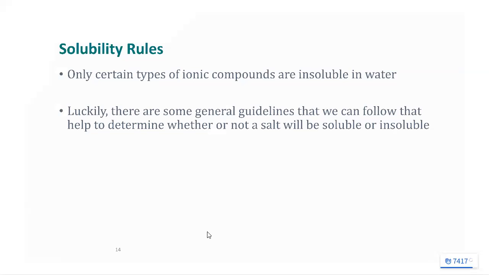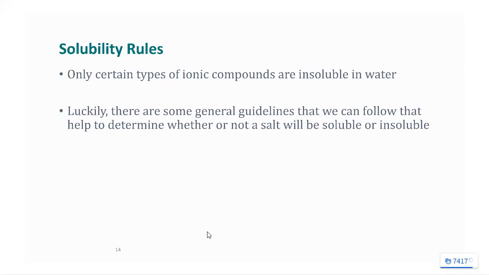What about ionic compounds, though? We've kind of talked about them as this blanket statement. Well, we know what an ionic compound looks like. We should have at least some idea of how to name those ionic compounds. But how do I know if they actually dissolve in water or not? That's where solubility rules come into play.